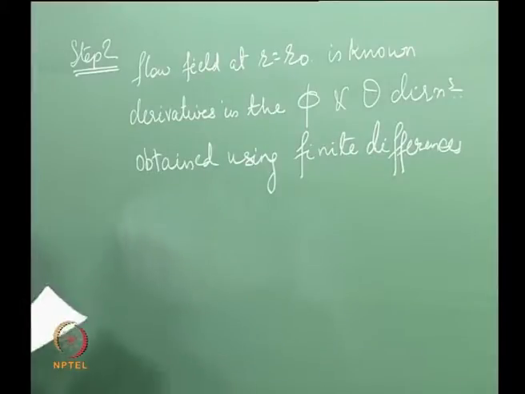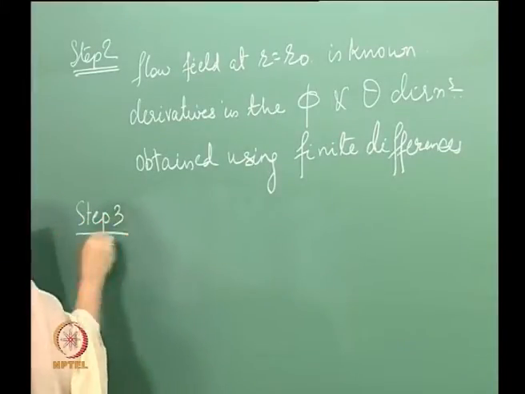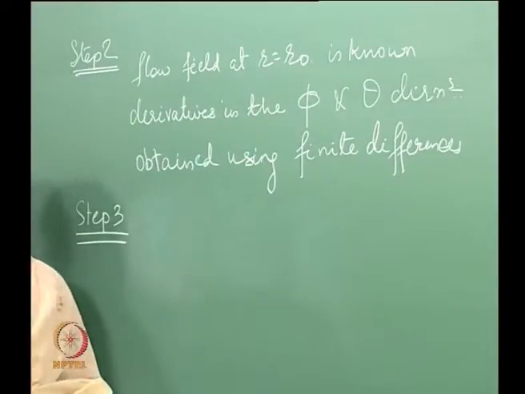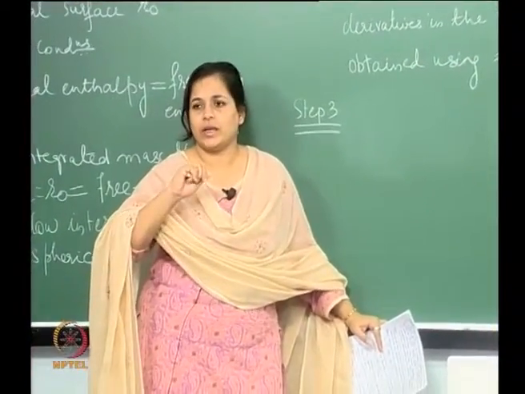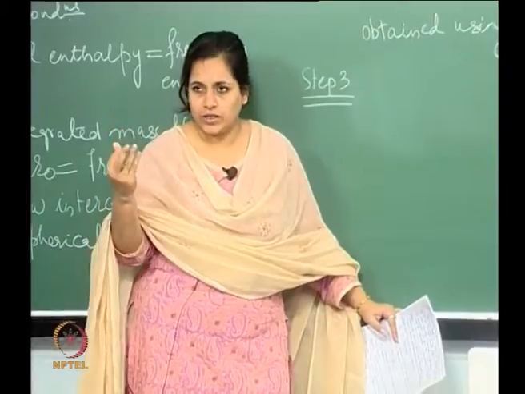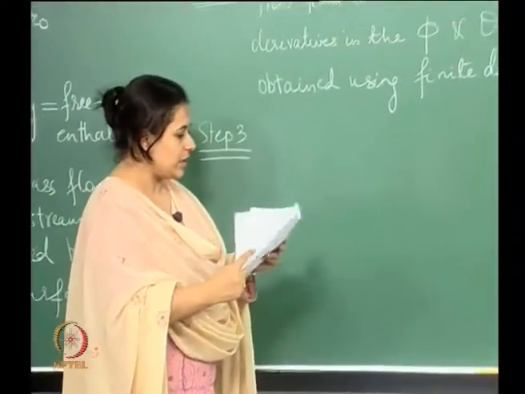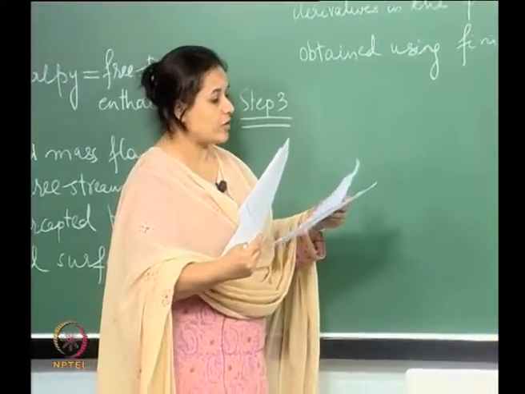So clearly, if I am able to find the derivatives, then we use the governing equations: the continuity, the momentum in r, theta and phi directions, and the energy equation, which is 4 to 8. Is it 4 to 8 or 4 to 10? I do not remember how I named them, yes, 4 to 8 actually.